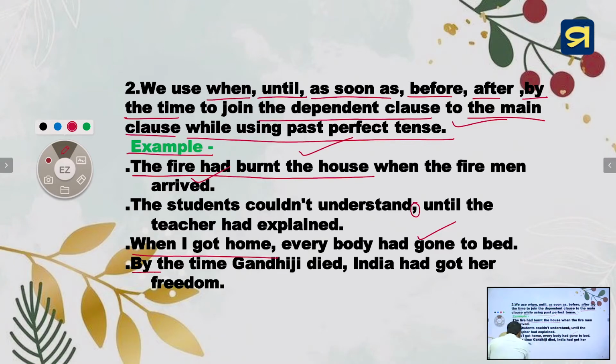Similarly, like before, with the clause by the time, generally past simple is used, and for the main clause, past perfect is used. By the time Gandhi died, India had got her freedom. First, India had got her freedom, then Gandhiji died. It is an earlier action and a later action. Okay, with these subordinating conjunctions, we write sentences. Okay, dear children, right? Very good.